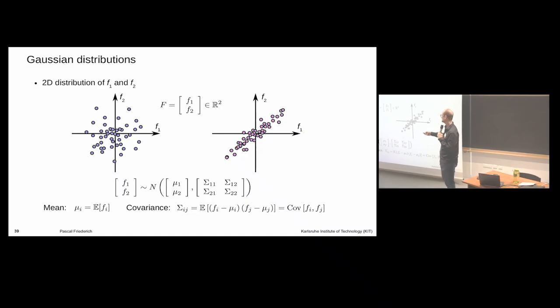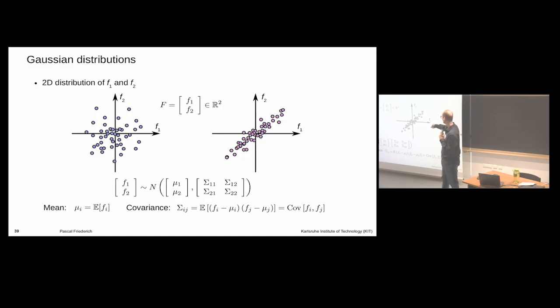And the mean parameters are telling us what is the mean of the observation in f1 direction and f2 direction. So if we now look at all of these blue data points, and we think about what is the mean f1 value of all of them, we see that this is very close to 0. So there are some negative values, some positive values, but the mean is more or less 0.